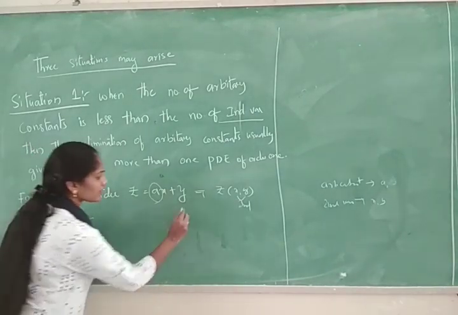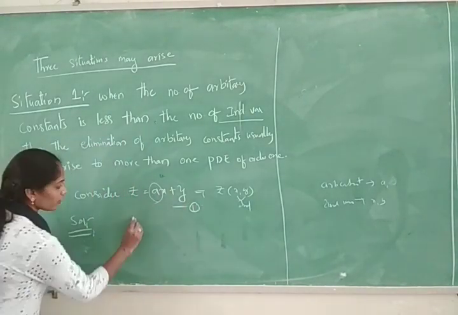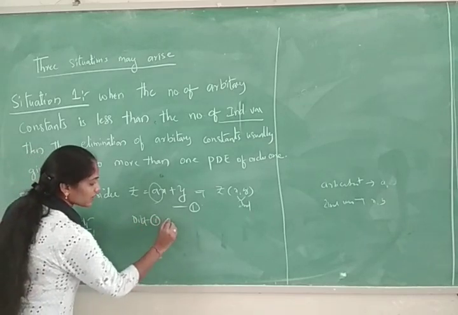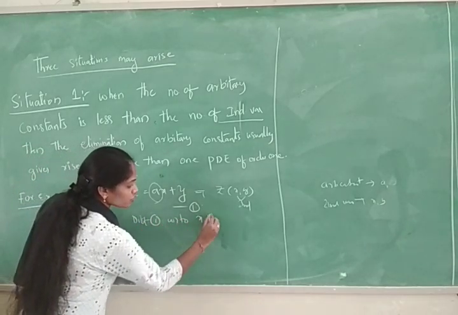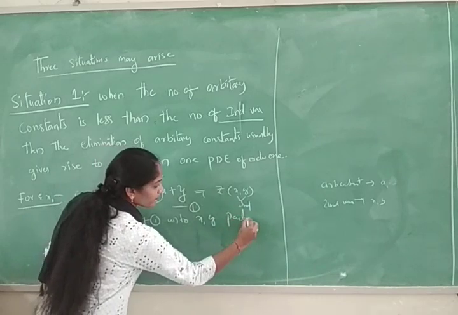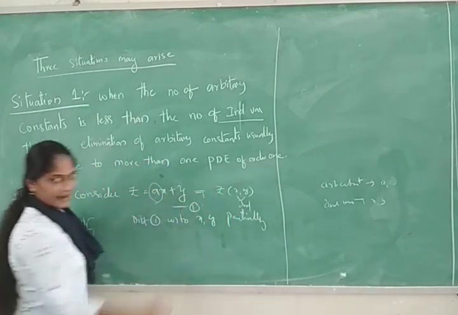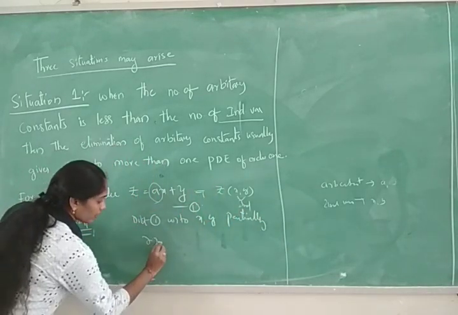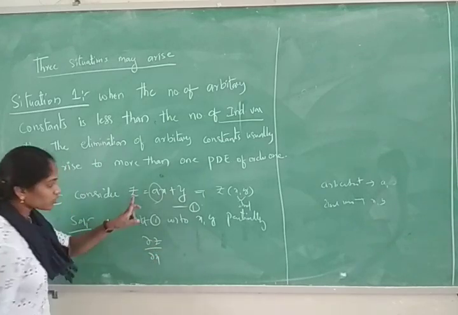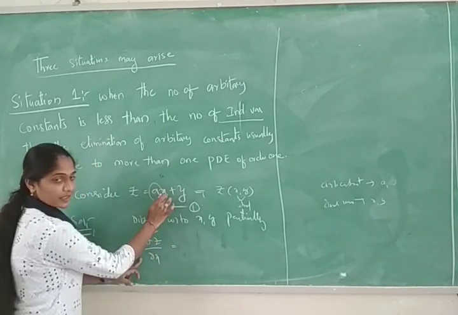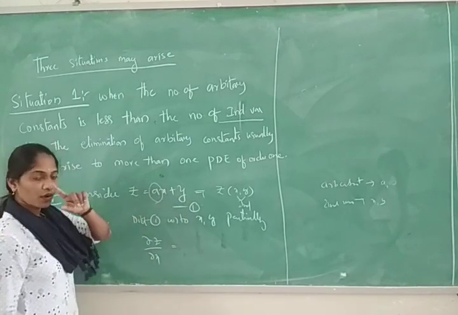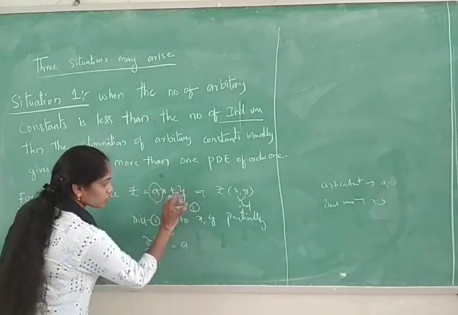So directly I am saying, let it be equation 1. Now differentiate 1 with respect to x and y partially. So first with respect to x, dou z by dou x is equal to a, because y is constant.